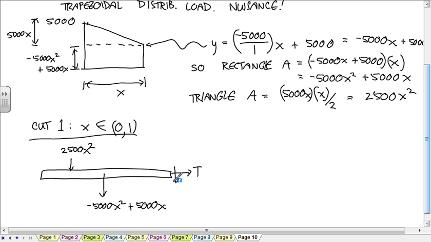And then the internal loads. And the moment arm for this one is x over 3. The moment arm for this one is x over 2.